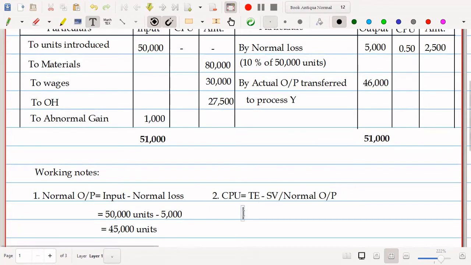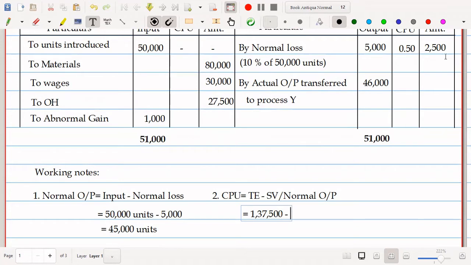So this will take the total of 80,000 plus 30,000 plus 27,500. It comes to 1,37,500. 1,37,500 minus what is the scrap value?